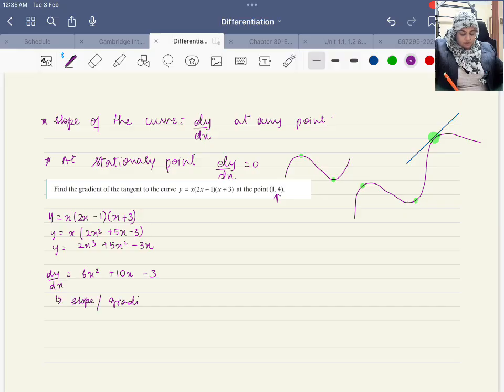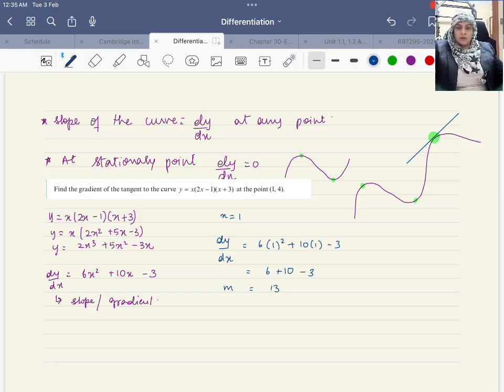To find out the numerical value of the gradient, I will pick the x coordinate from this point and plug it into the gradient that I have found out. So x is equal to 1. dy by dx is equal to 6 into 1 square plus 10 into 1 minus 3. 6 plus 10 minus 3 is equal to 13.